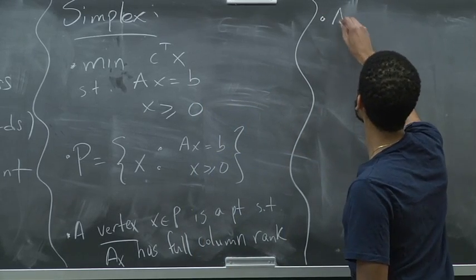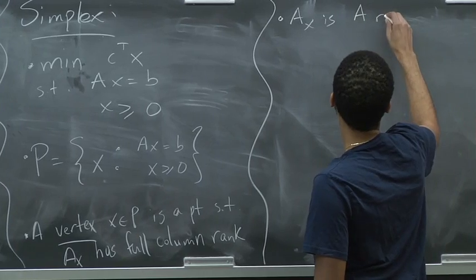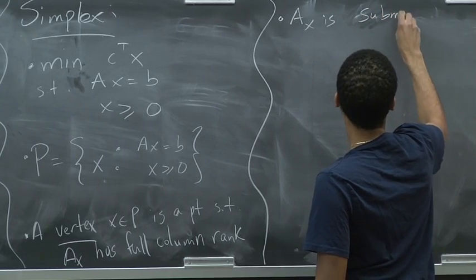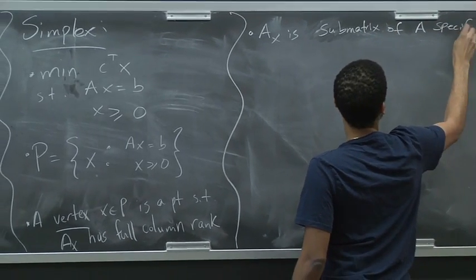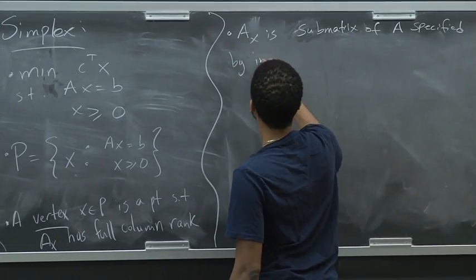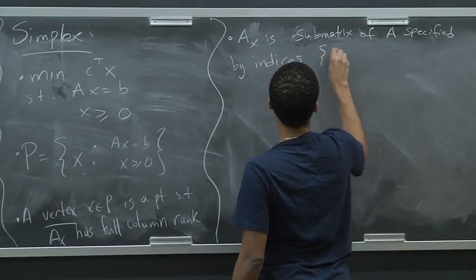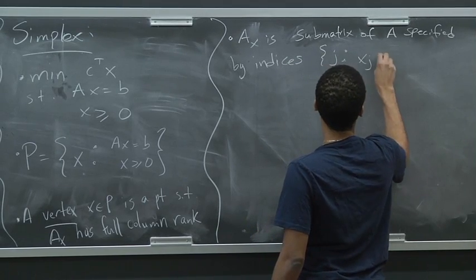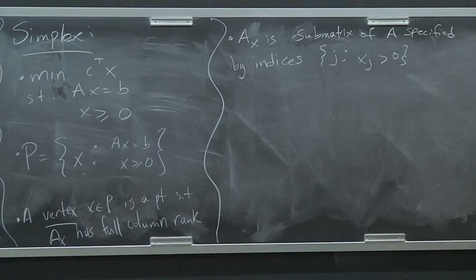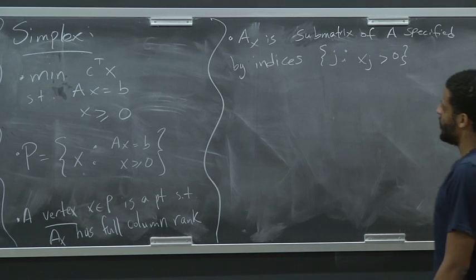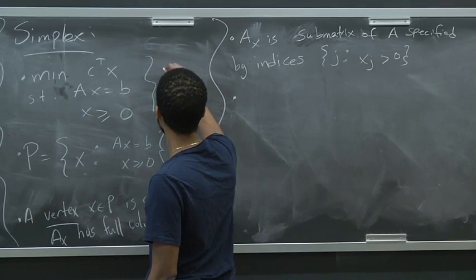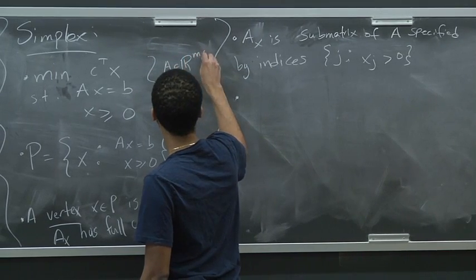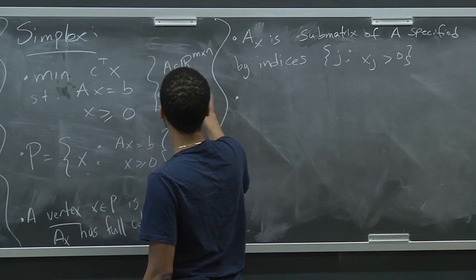And we said that A_x is the submatrix of A specified by the indices j such that x_j is not 0, it's strictly positive. Okay. And remember that we're in this situation where A is m by n, and c and b are n-dimensional vectors.